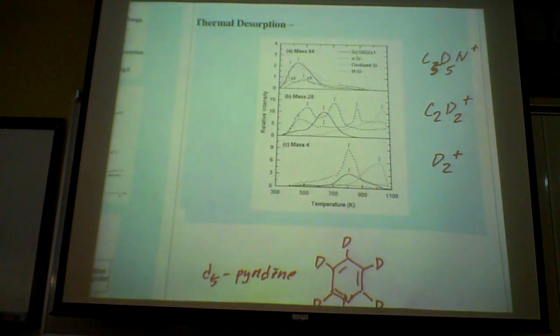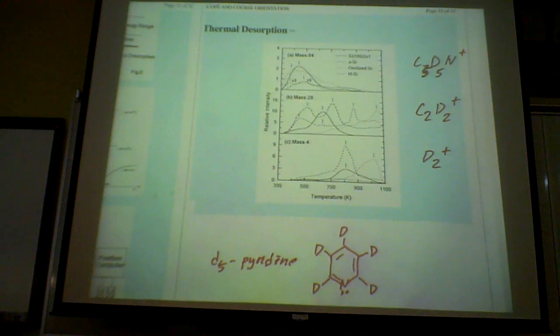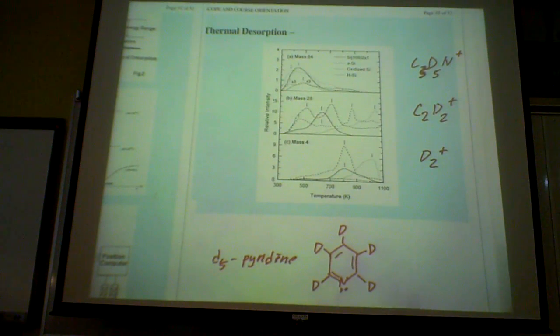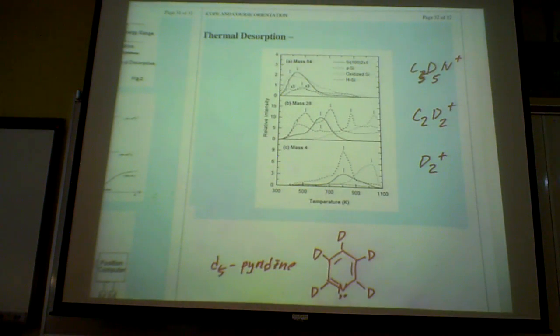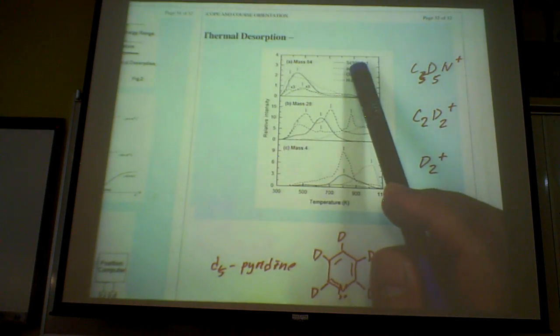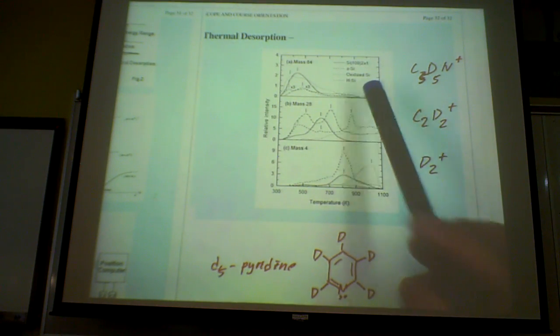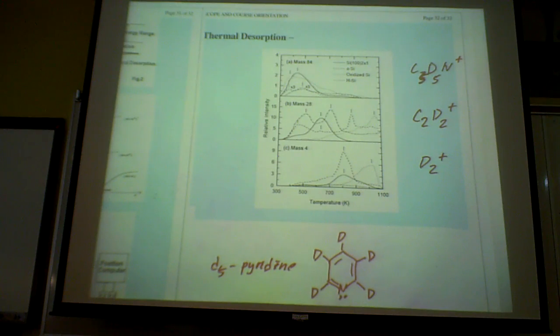You have thermal desorption. So here's some data collected by us some years ago on pyridine. Pyridine on different silicon surfaces: amorphous silicon, oxidized silicon, or hydrogen terminated silicon.